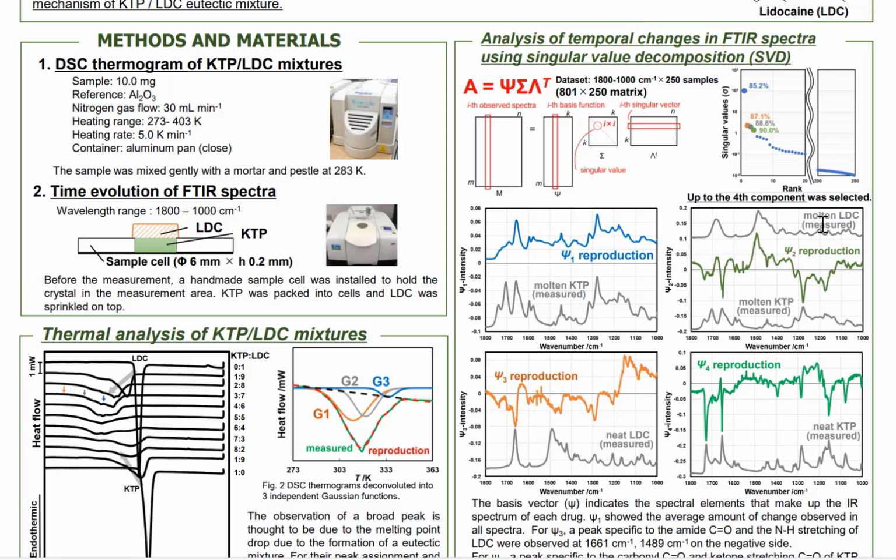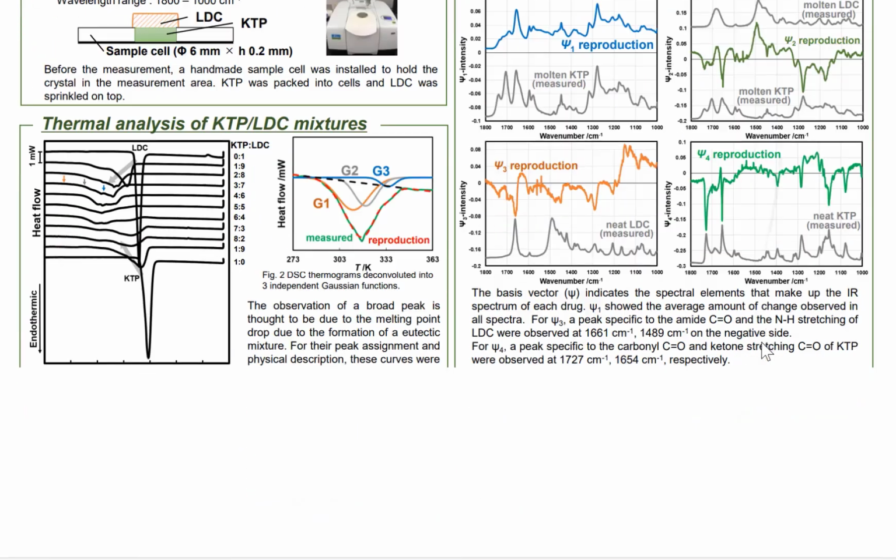In psi2, the positive peak was assigned to molten ADC and the negative peak was assigned to molten KTP. This depends on the formulation and melting of peritectic.